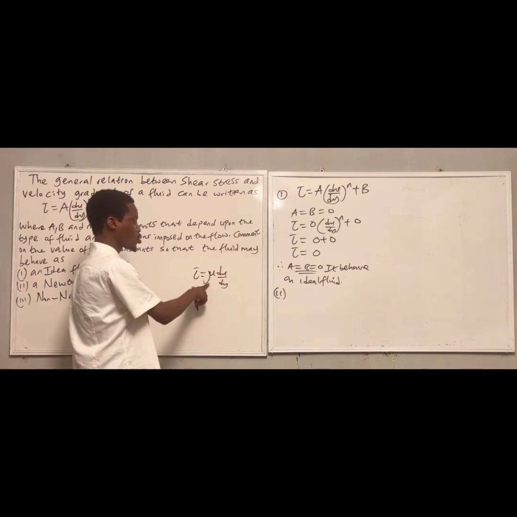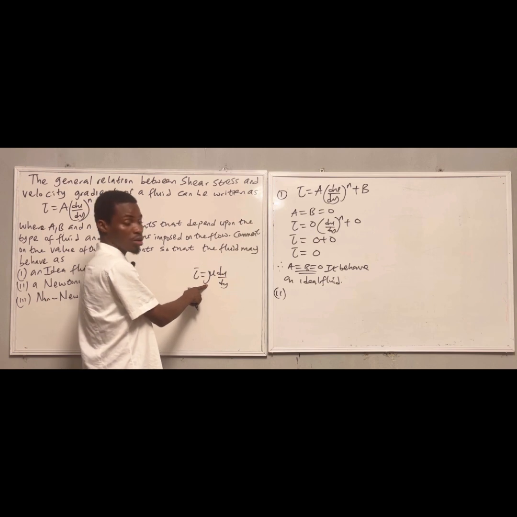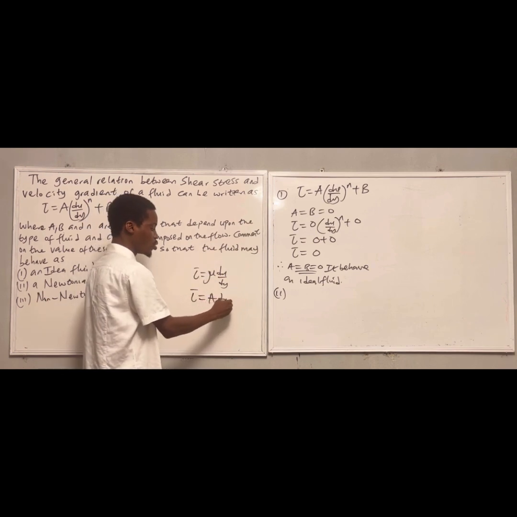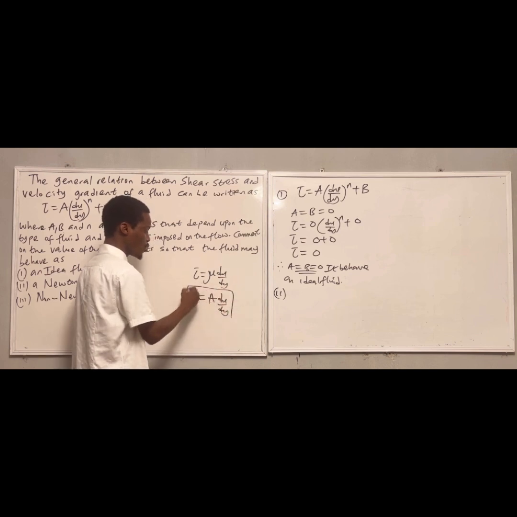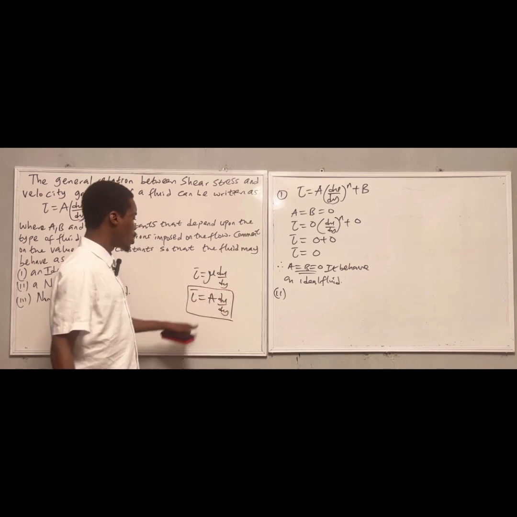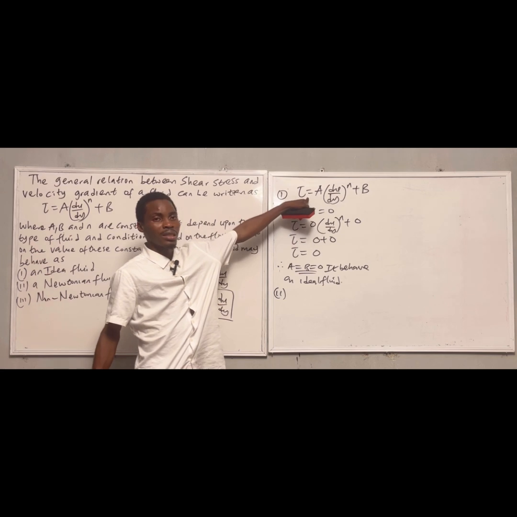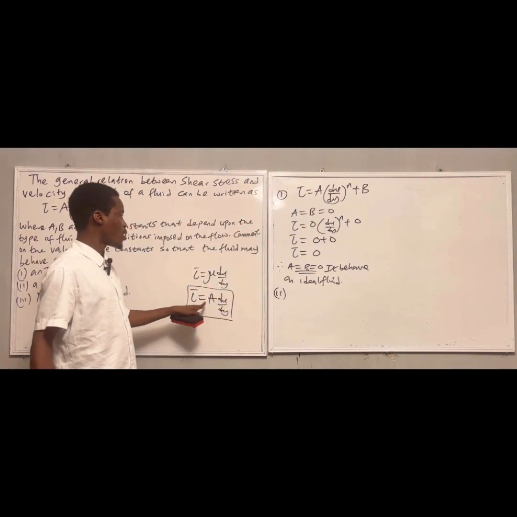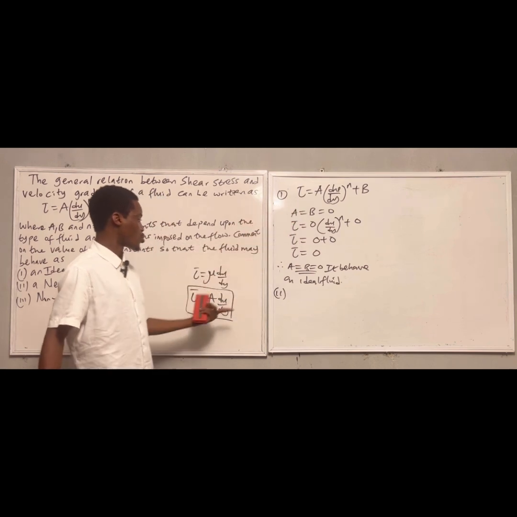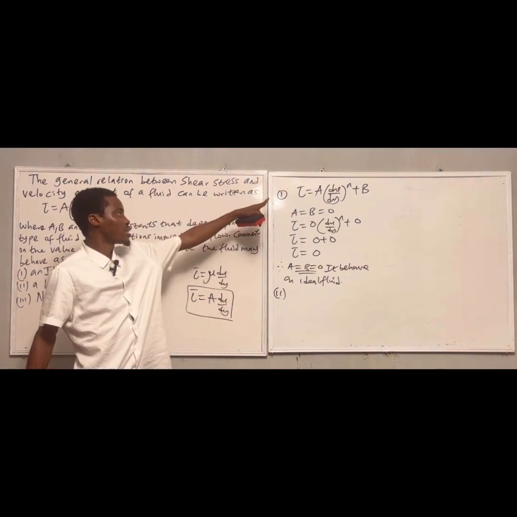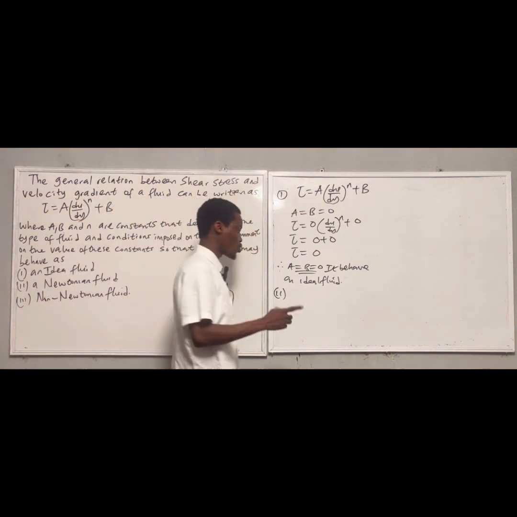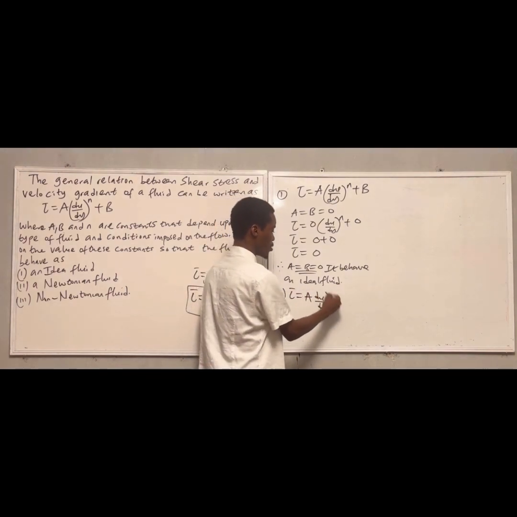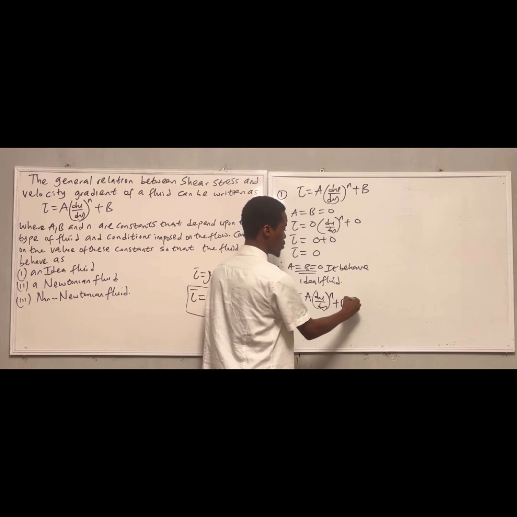Let's consider that our mu here is the constant A, so tau equals A du/dy. For the given relation to satisfy a Newtonian fluid, we have to make it take this form.